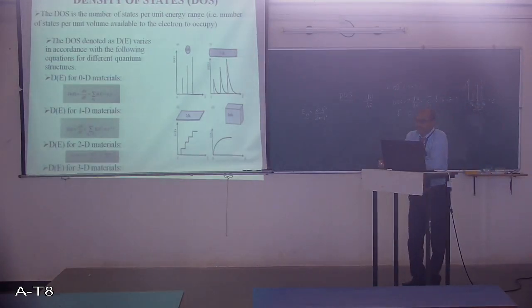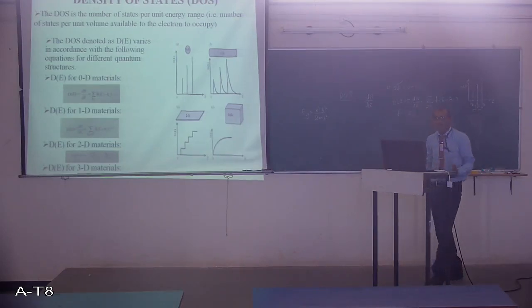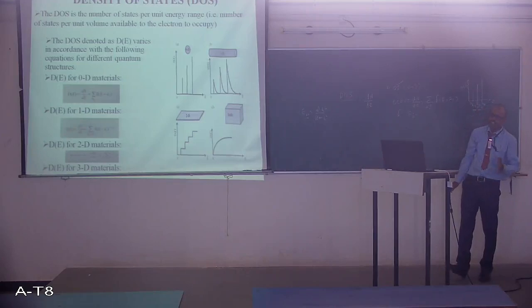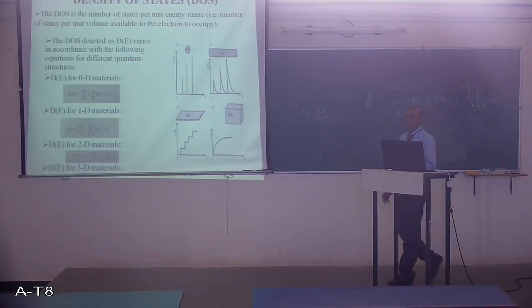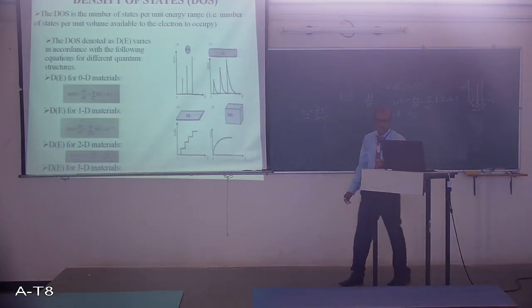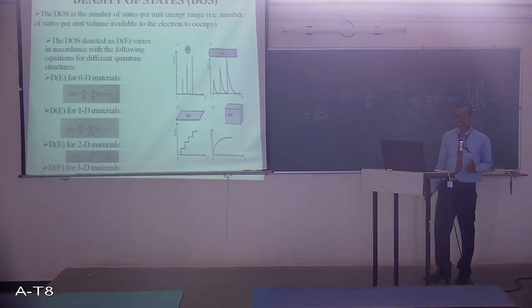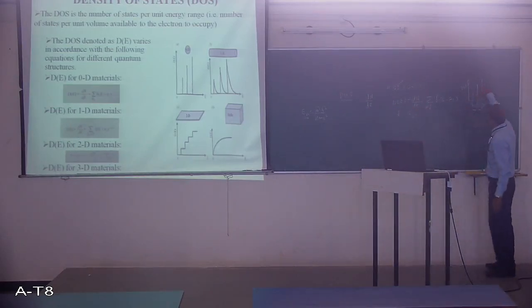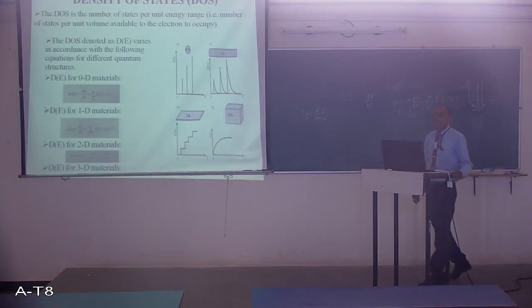In between the quantum numbers, there is no availability of states. The states are present only at particular quantum numbers, that is n is equal to 1, 2 and 3, equal to the ground state, first excitation level and second excitation level. So as the quantum numbers increase, the height increases. It indicates the availability of states increases.